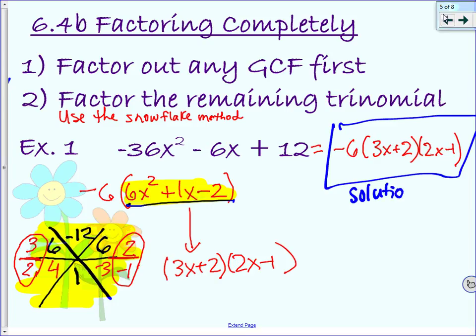In other words, that is what the original problem equals. Negative 6 times 3x plus 2 times 2x minus 1. Because if I multiplied all that out, I would get what I originally started with. I need the negative 6 as part of the original factorization. All right, questions on that?